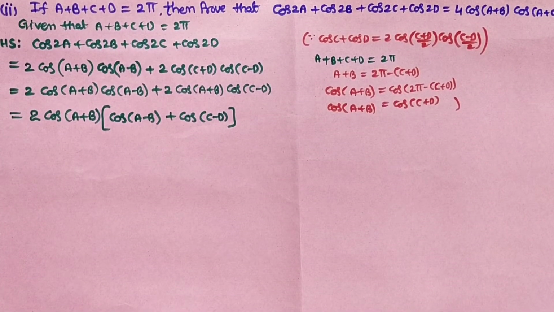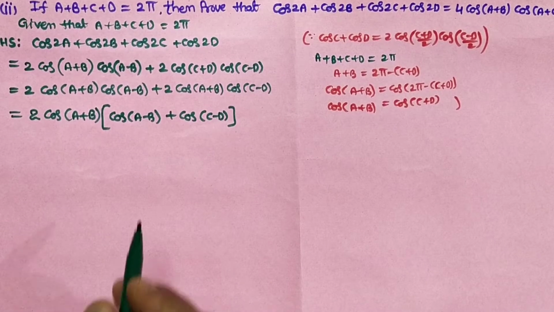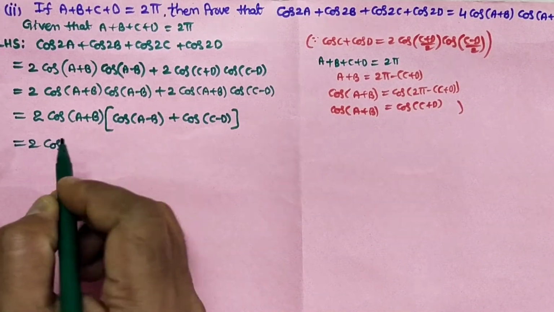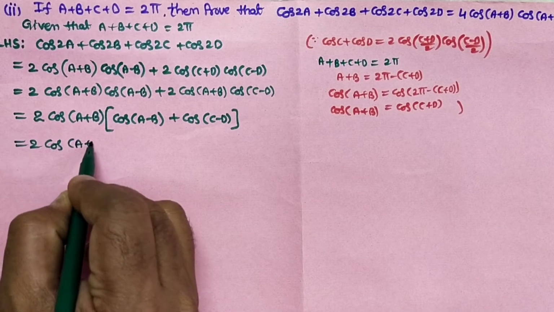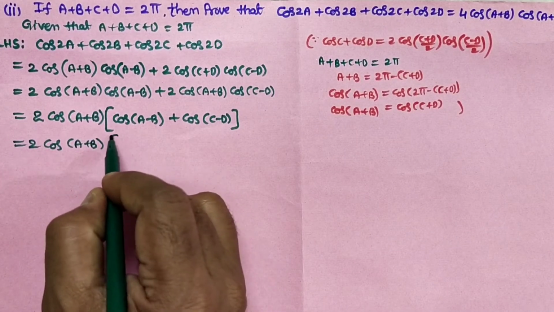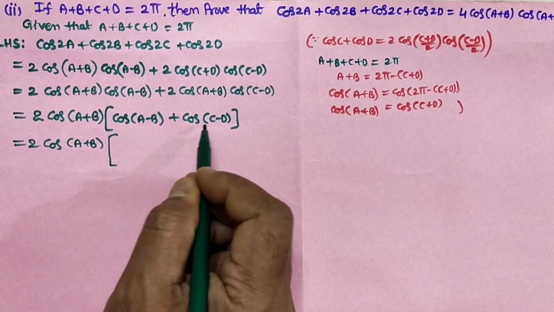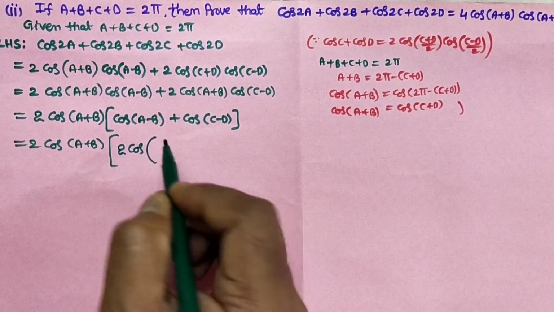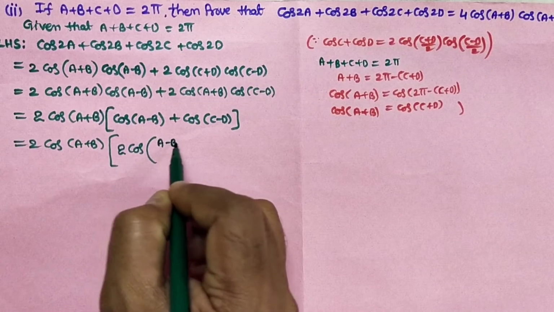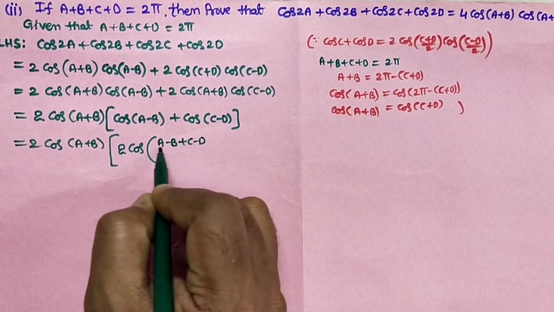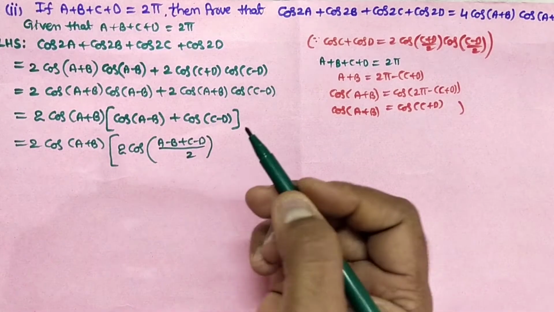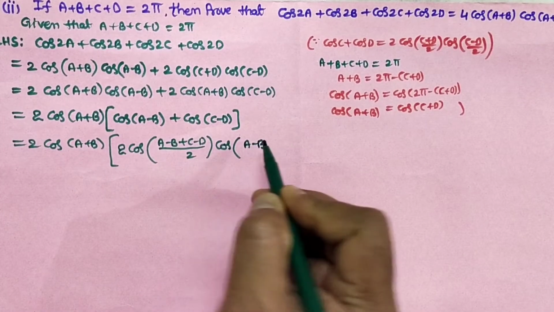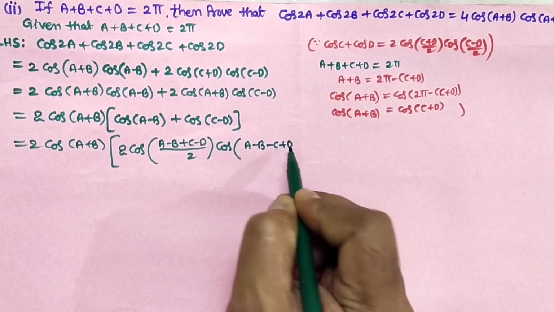After that, again you have to apply cos C plus cos D for this bracket value. So 2 into cos of (A plus B) into 2 cos of (C plus D) by 2, that means (A minus B plus C minus D) divided by 2, into cos of (A minus B minus C plus D) divided by 2.